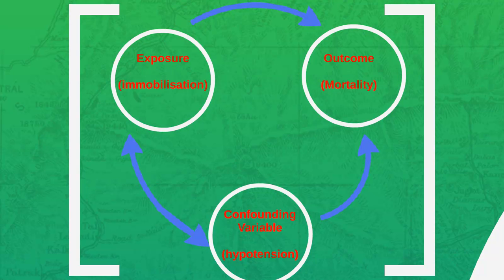So there are two ways we can look at confounding or try to minimize it in our studies, and that is stratification and adjustment. Stratification is where we stratify covariates or confounding variables before we do the analysis.